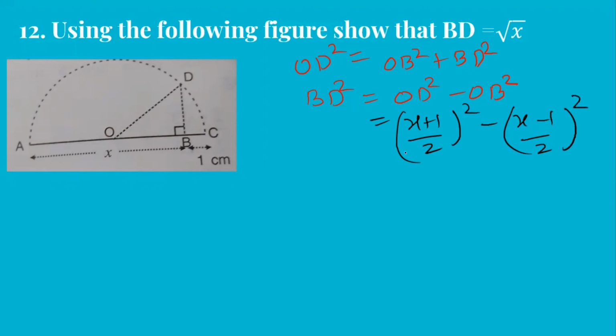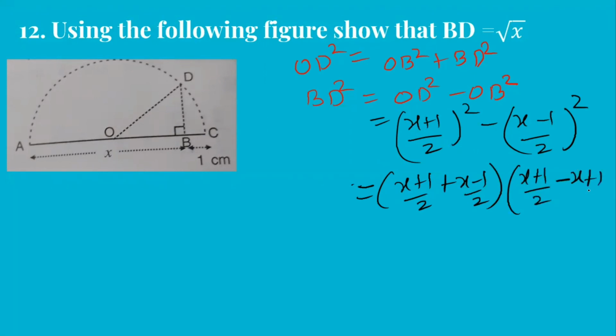So we have an identity here now. A square minus b square is a plus b into a minus b. So let us put here a plus b, that is x plus 1 upon 2 plus x minus 1 upon 2. Now when we are doing minus sign, again a minus b, x plus 1 upon 2 minus x minus 1 upon 2, this minus 1 is going to be plus 1, plus 1 upon 2. So denominator is same, so we add the numerators here.